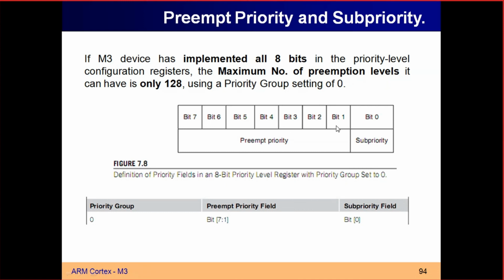So you can have a maximum of 128 preemption levels. But this will arise only if all 8 bits are implemented. Generally, most controllers won't have that many bits implemented.